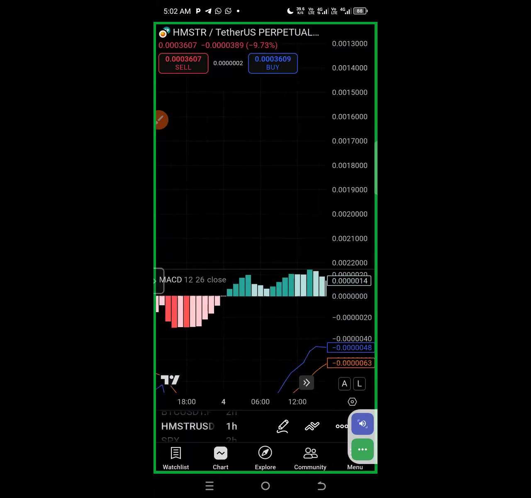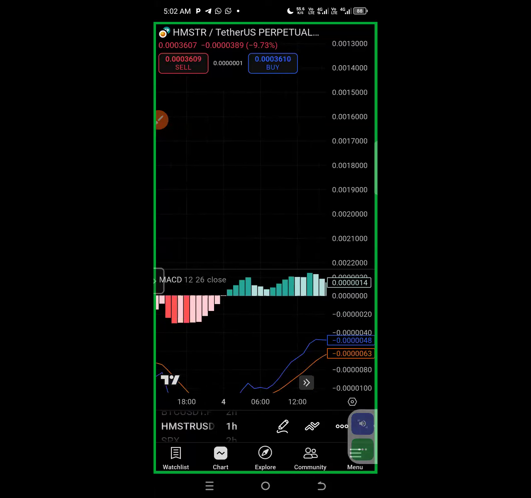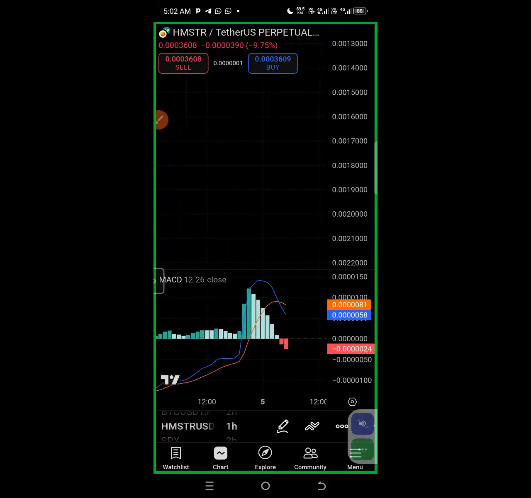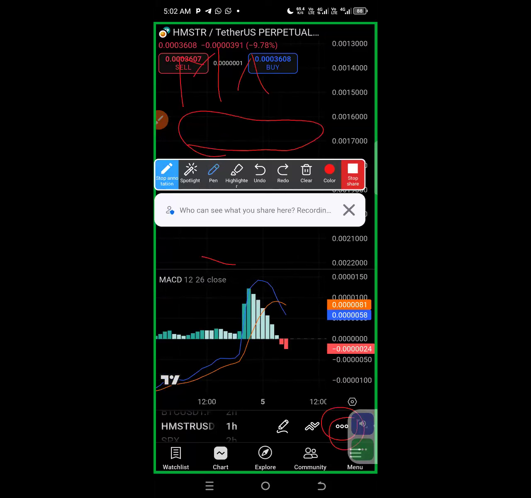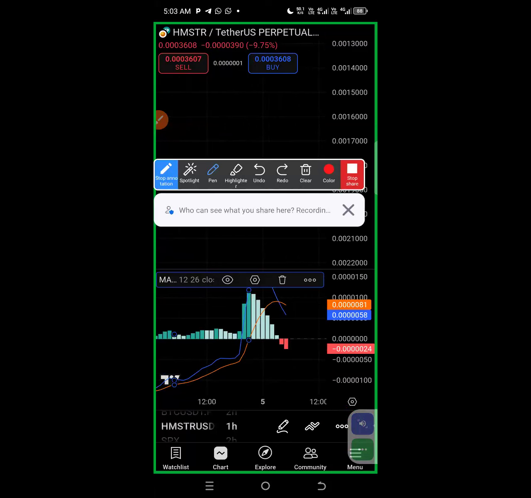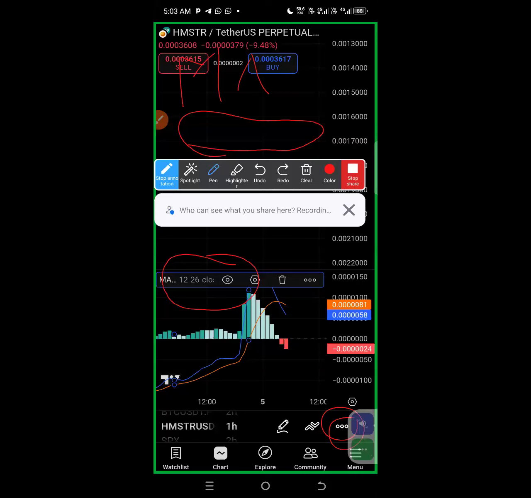Very good. Now, when you take the MACD, you are going to see a 12. So let me open it up. So when you come here, you are seeing a 12 moving average, and then a 26 moving average, right?